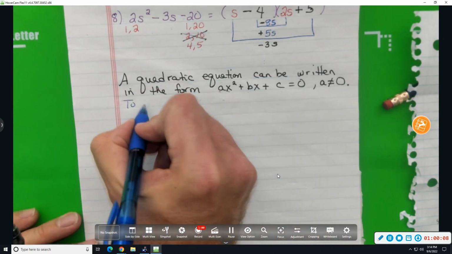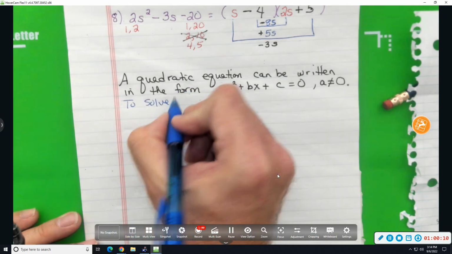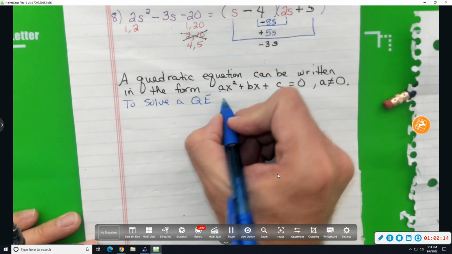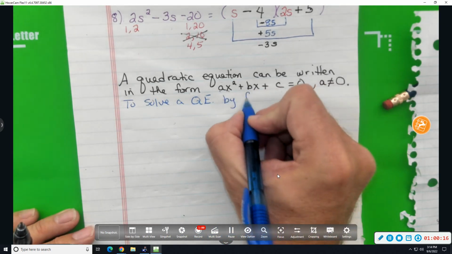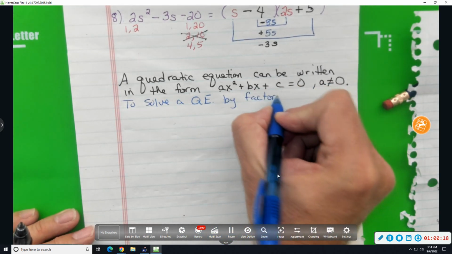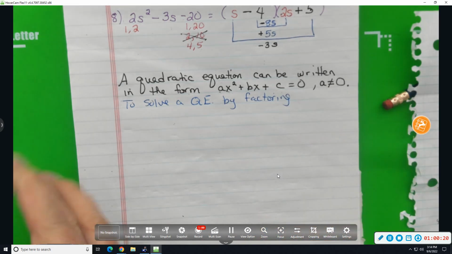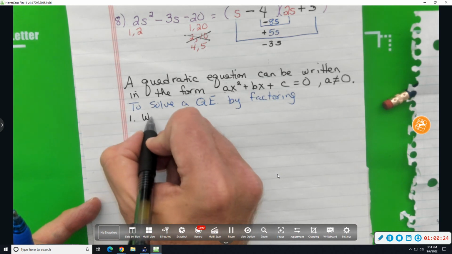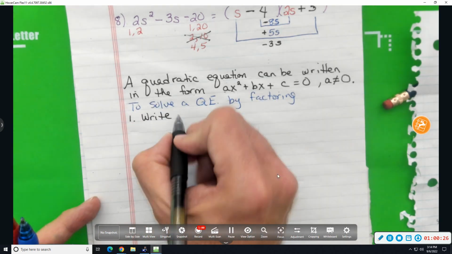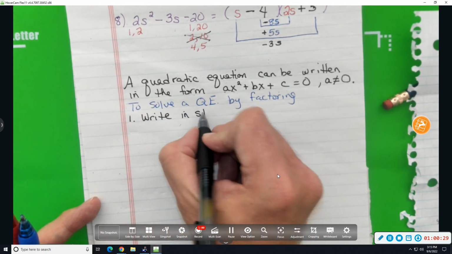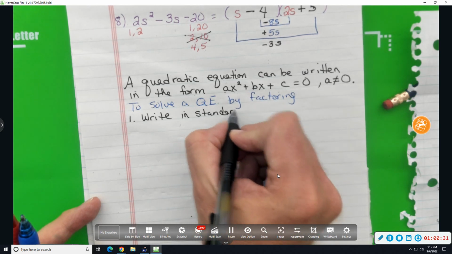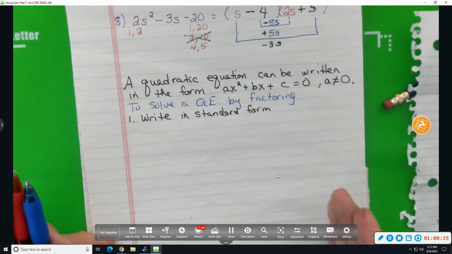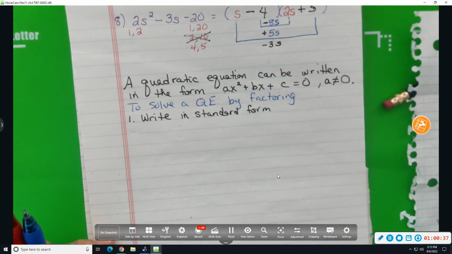Well, they can use the rational root test so we can solve higher order equations. To solve a quadratic equation by factoring, we're going to have a little three-step process. One, and this first step is usually done for you. Write it in standard form. By standard form, I mean you've got to have the x squared, x, constant equals 0.